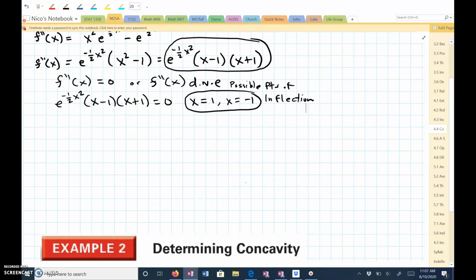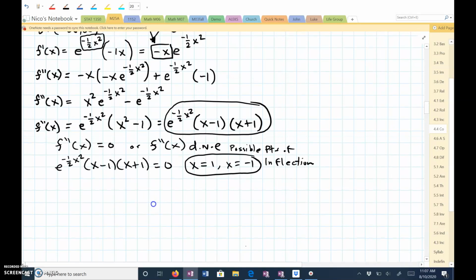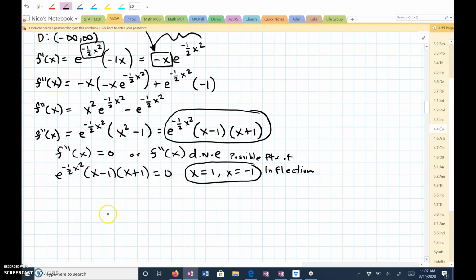Now I need to test them. So this is how I test them. So draw a number line. It represents the domain, so from negative infinity to positive infinity. My possible points of inflection are at negative 1 and at positive 1.